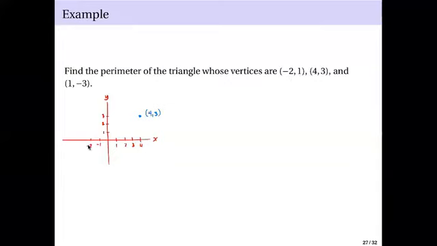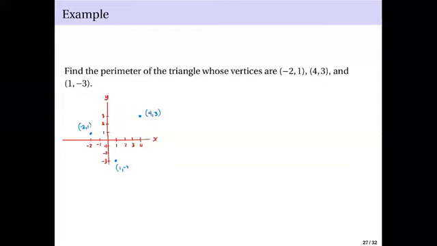And then the other vertex, you have (1, -3). We already have 1 for the x. Let's just write -3 for the y. So 1, 2, and 3, this is -1, -2, -3, and therefore you have this point, (1, -3).